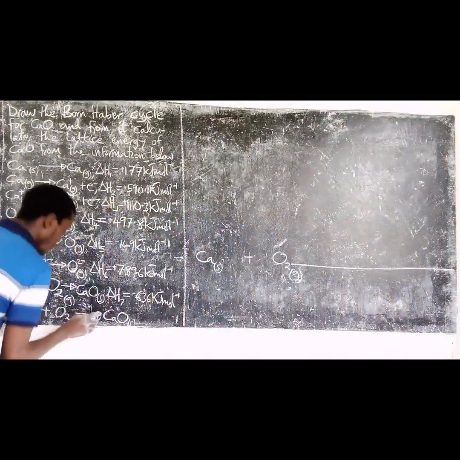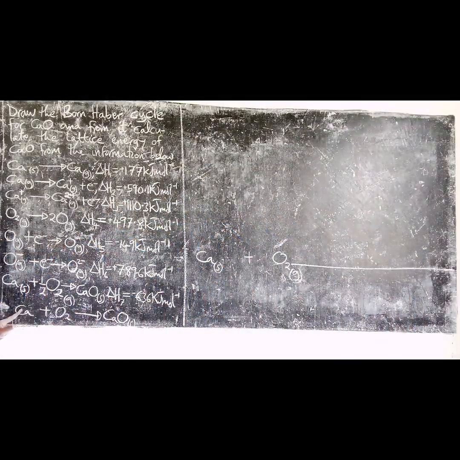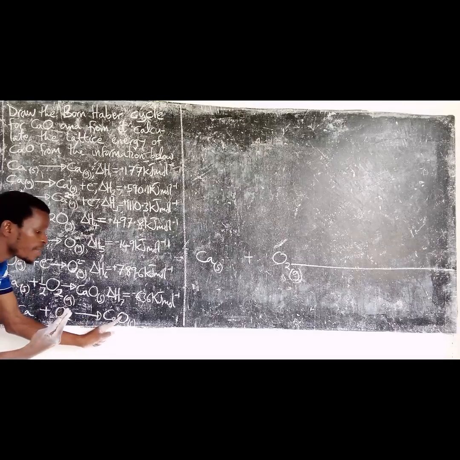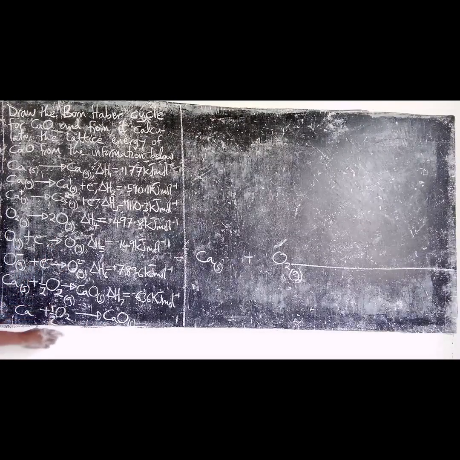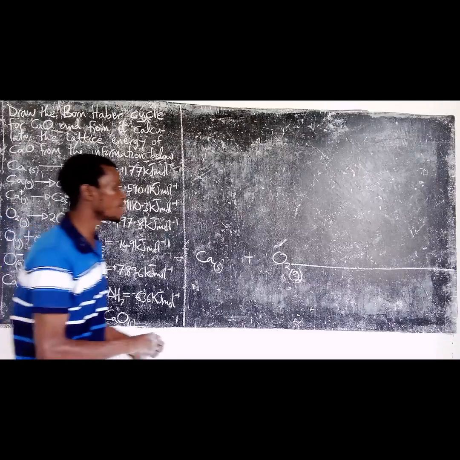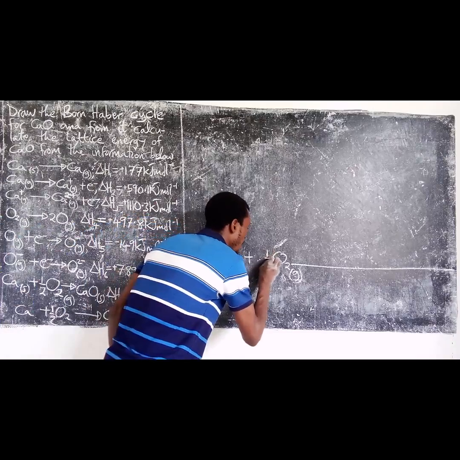So on the reactant side, 1 calcium; on the product side, 1 calcium. On the reactant side, there are 2 oxygen atoms, but on the product side, there is 1 oxygen atom. So we have to put a half as the stoichiometric coefficient of oxygen in order for oxygen to balance. Now we put a half here.